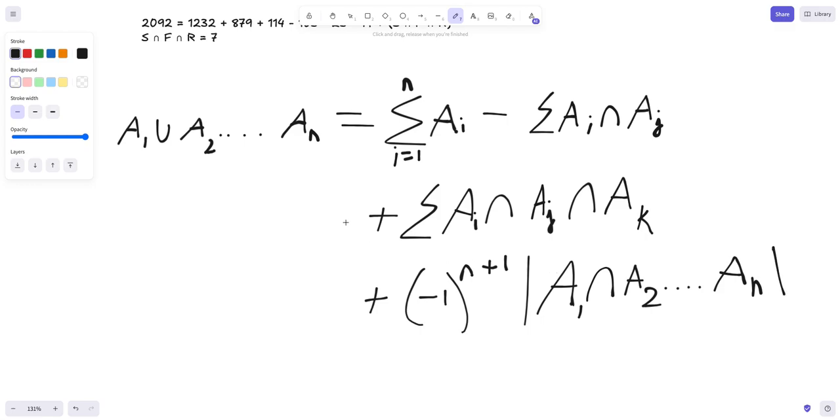So this is a general formula that we can use for an n number of terms when we're trying to find the inclusion-exclusion formula, right?